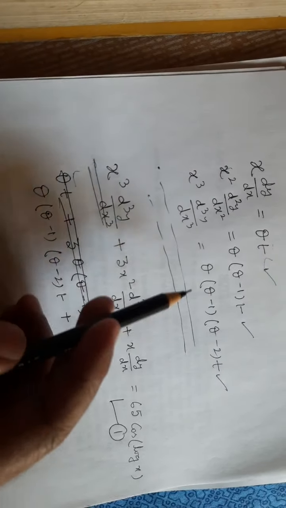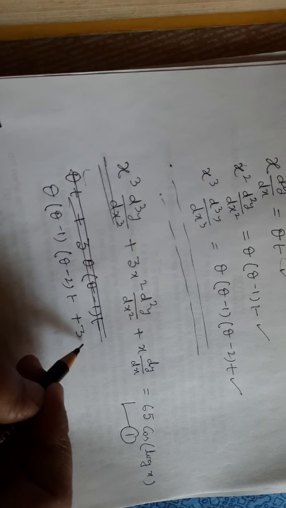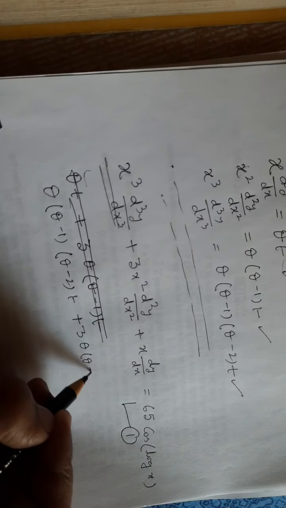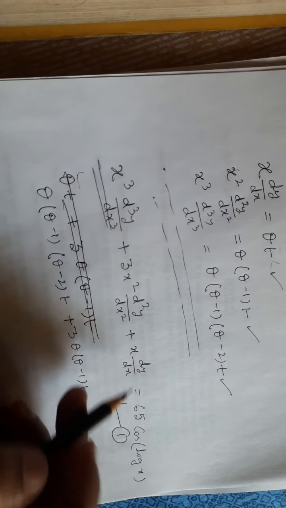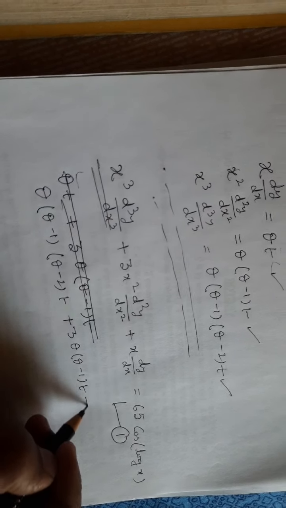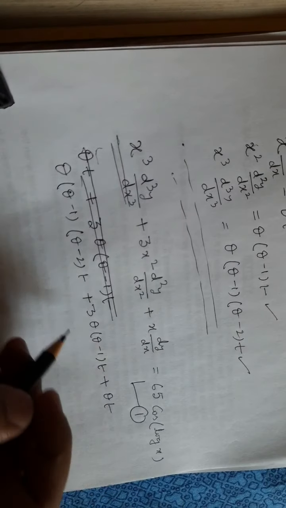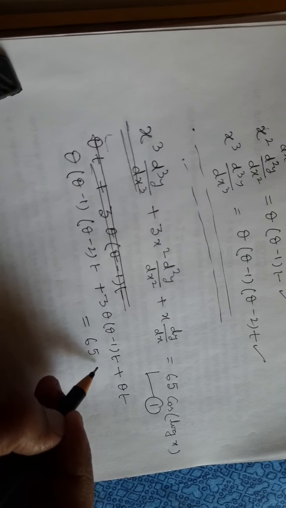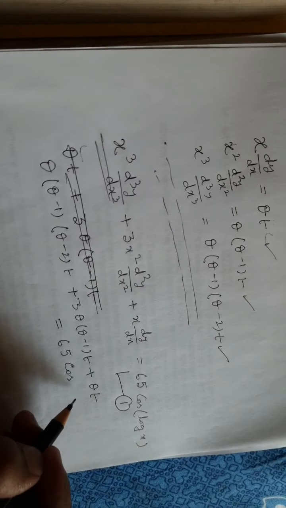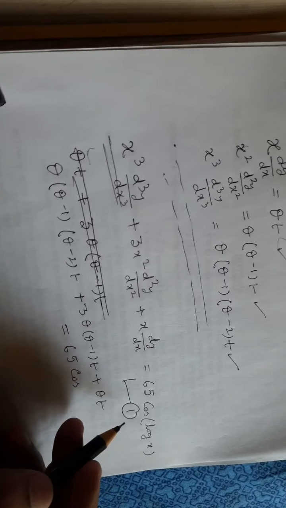For x square d square y by dx square, we have 3 into theta minus 1 into t. For x dy by dx, we have plus theta t, and equals 65 cos log x.